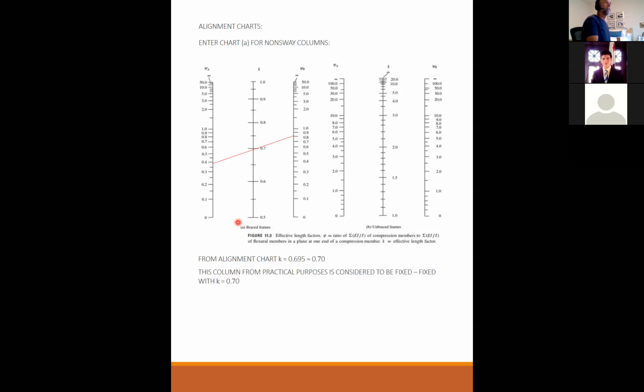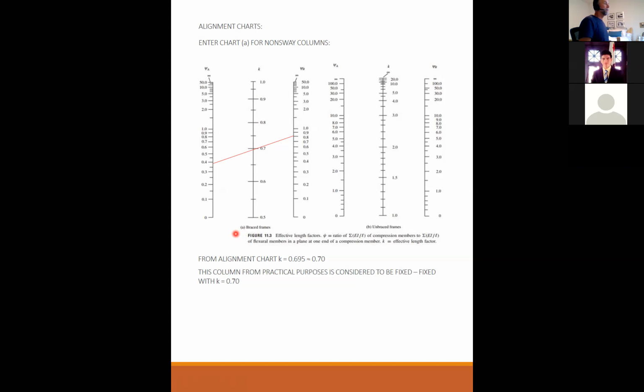I just totally blanked out on the charts, alignment charts, or we can use alignment charts. Alignment charts require the use of psi A and psi B. Psi is defined as the stiffness of the columns divided by the stiffness of the beams. The stiffness of the columns is E times I over L, the length.